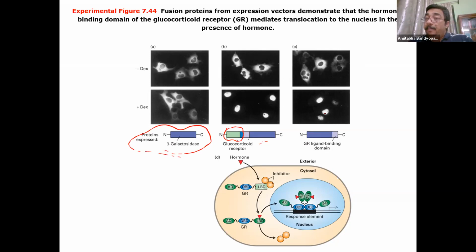So this is a biological phenomenon, so that the biological response is there only when the nuclear hormone receptor is in the nucleus of the cell. And that's how it responds to systemic changes in the hormonal level.